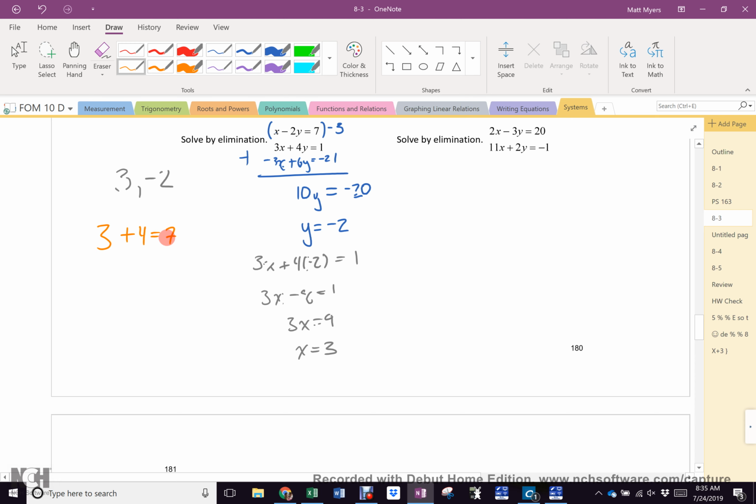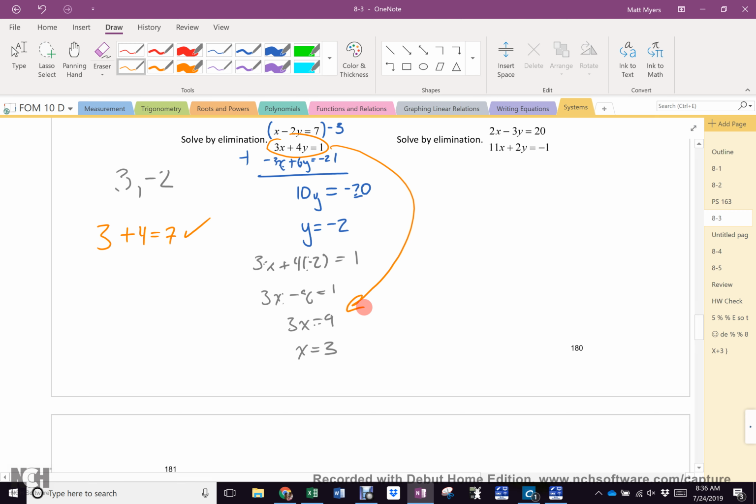Is that 7? Yes. Is 9 minus 8 1? Why didn't I write down that one? Because that's the one I used right there. Do I need to check it? No, because I've already done that one. That's how I got my answer. So I really only need to check the other one, don't I?